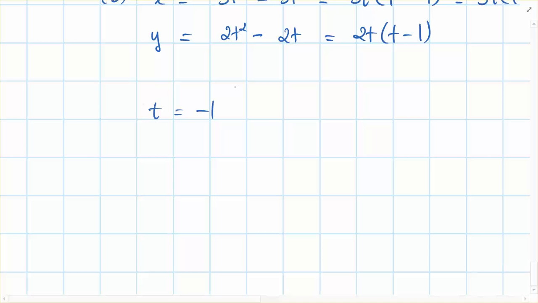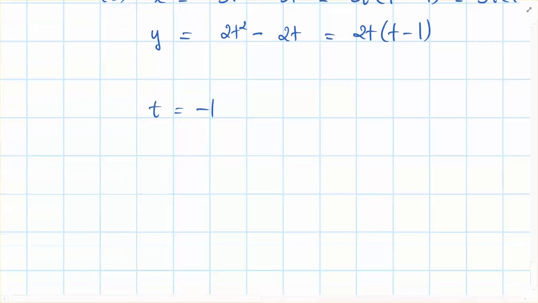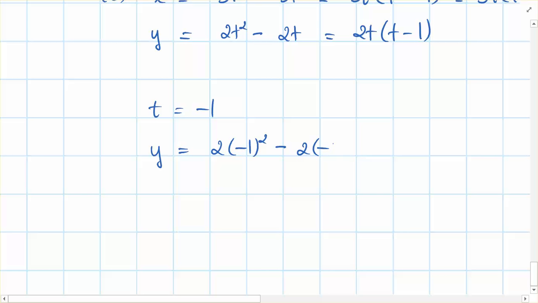So let's find y at t equals negative 1. So y equals t squared minus 2t, equals 1 minus negative 2, which equals 3.